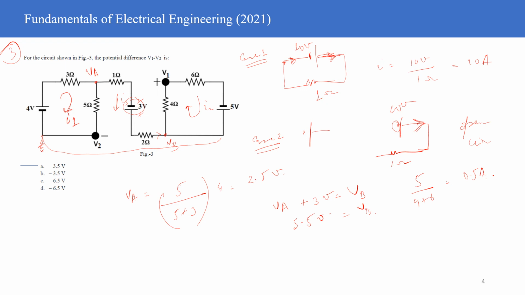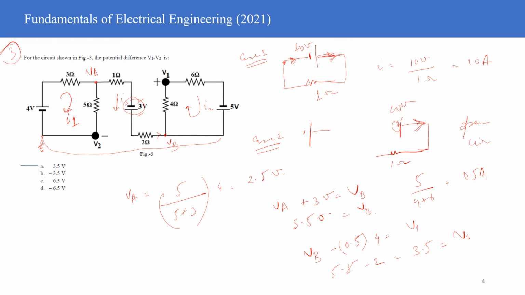So VB minus 0.5 ampere into 4 is giving you V1. VB was 5.5 and this is minus 2, so this gives you 3.5 is equal to V1, right?